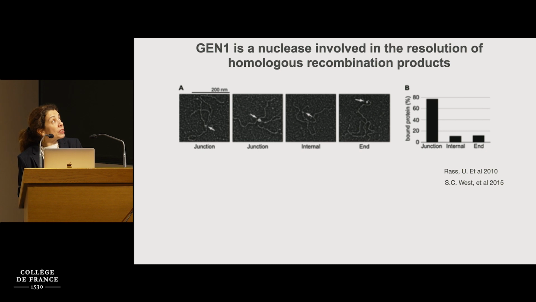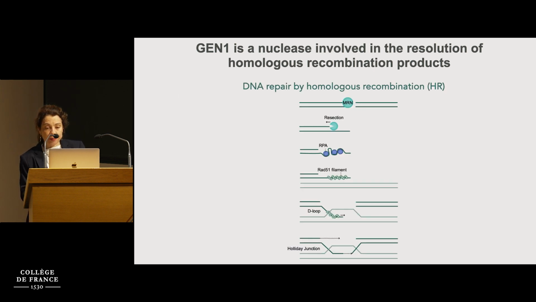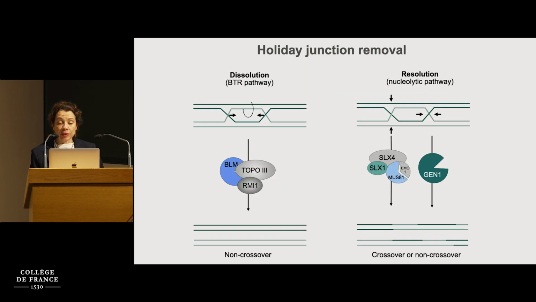Now, we know that Gen1 is involved in the resolution of homologous recombination products, and it's also highly associated with junctional DNA, as you can see over here. So homologous recombination will be using, as you probably all know, RAD51 and these RAD51 filaments, and this will be generating Holliday junctions that have to be resolved.